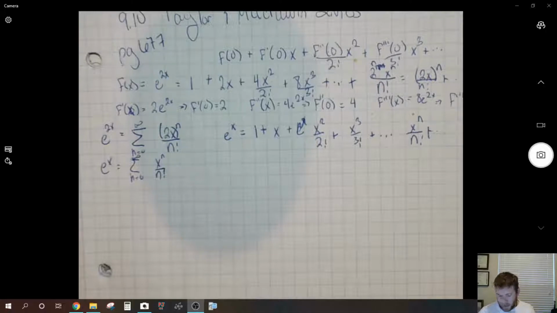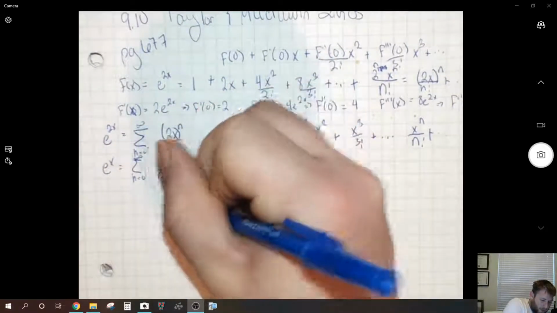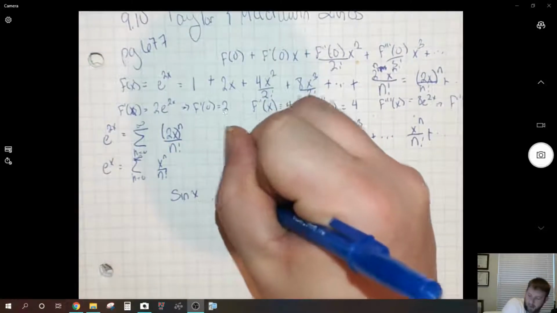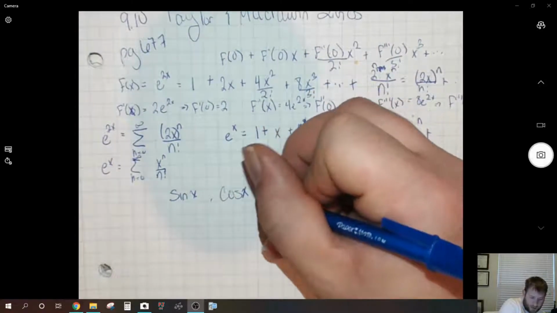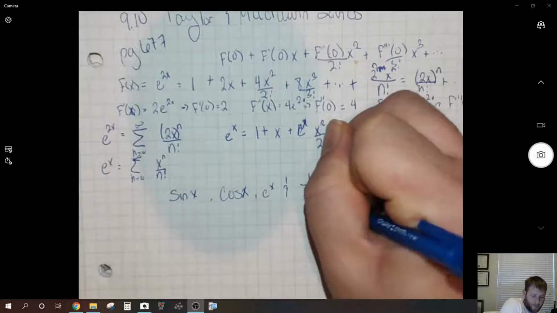Now, there's one thing you really do need to know that could come up: you need to know several of the Taylor series expansions. The first ones you need to know are sine, cosine, e to the x, and 1 over 1 plus x.